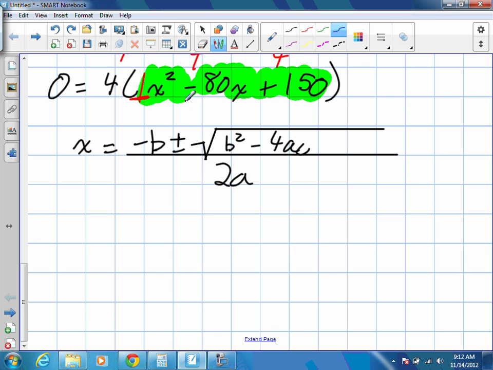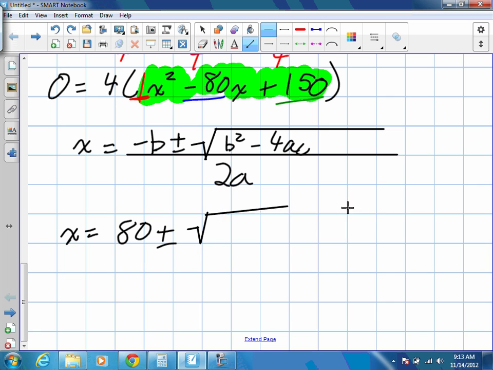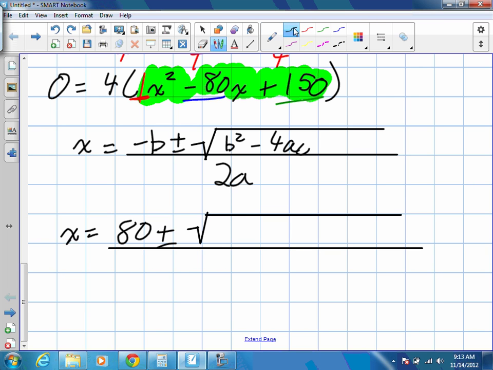Let's plug this in. x is equal to negative b. This says negative 80, so when I plug it into negative b, it becomes positive 80, plus or minus the root. We're going to solve a little as we go. 80 squared is 6,400. 4 times a: what's 4 times 1?